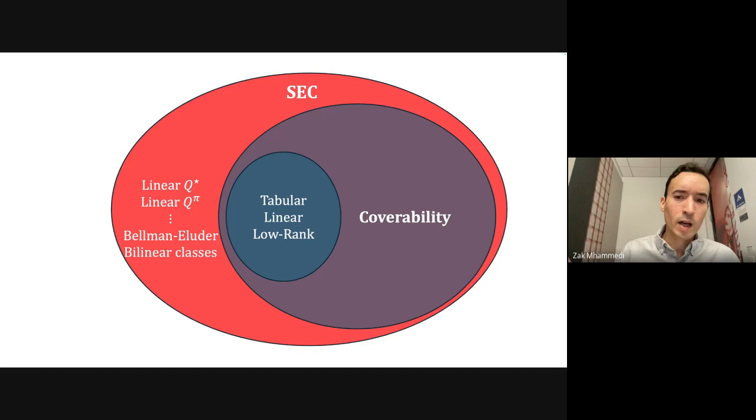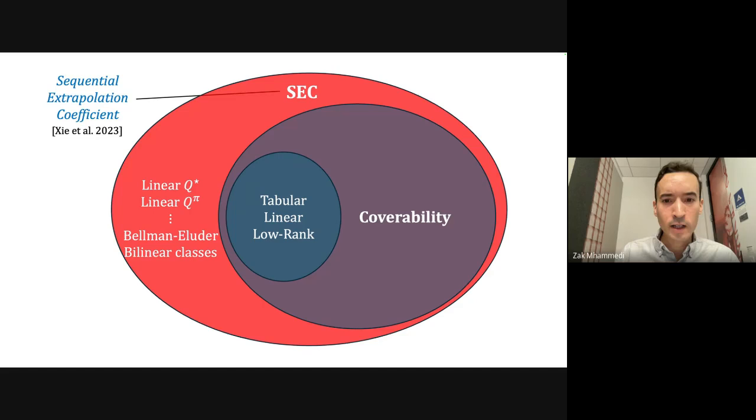Well, it turns out that there's an even bigger class of MDPs that is characterized by a finite sequential estimation coefficient. I'm not going to give you the definition here, but the important thing to note is that this class covers almost all the popular MDP settings. And the holy grail would be to develop a sample and oracle efficient algorithm for this SEC setting.